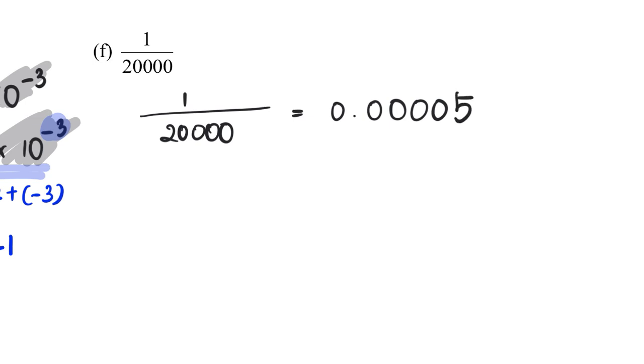And therefore, you will see Mr. Tan, 2, 3, 4, 5. And therefore, Mr. Tan will rewrite this as 5 times 10 to the power of positive or negative 5? Negative 5, because this is a very, very small number.